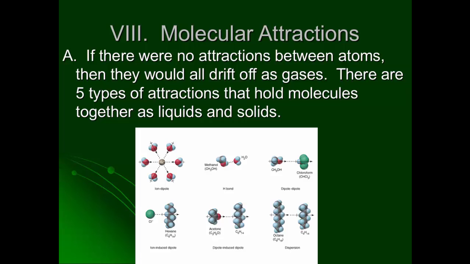So for example, you can have an ion dipole attraction. That's when you have a positive or negative charge, usually from an ionic compound, and you surround that with a compound that is polar. So here we have sodium. This sodium ion is surrounded by water molecules with their oxygen sides, which are the negative side, pointed towards the positive sodium.